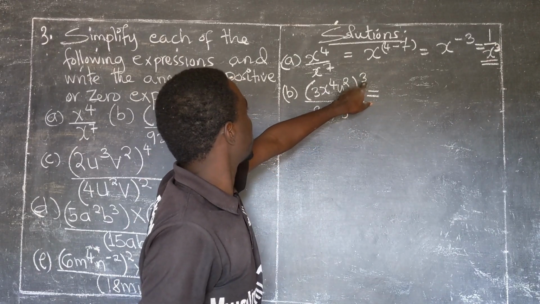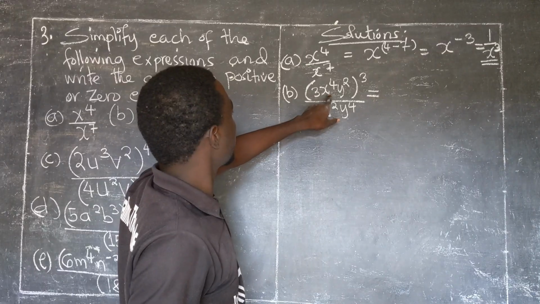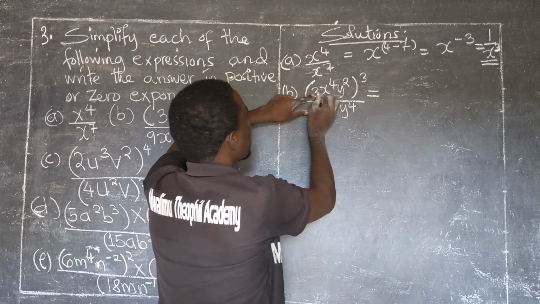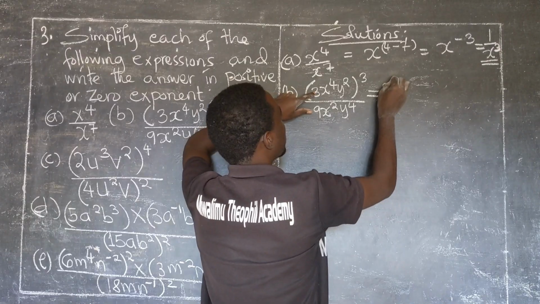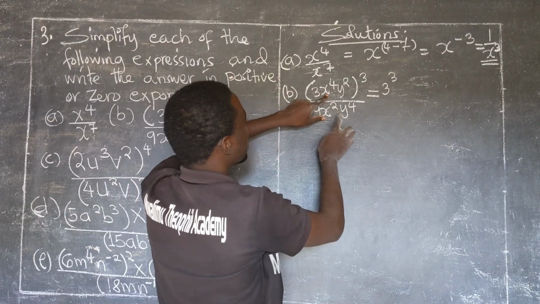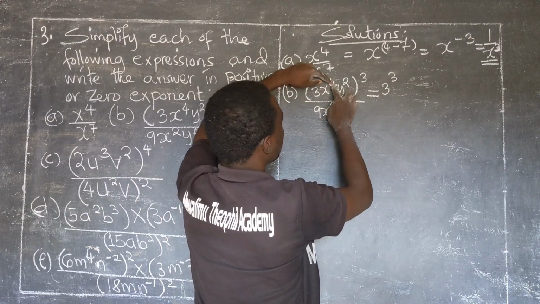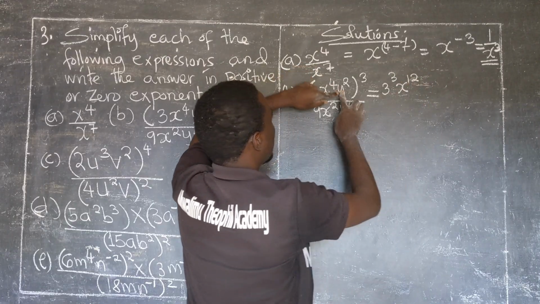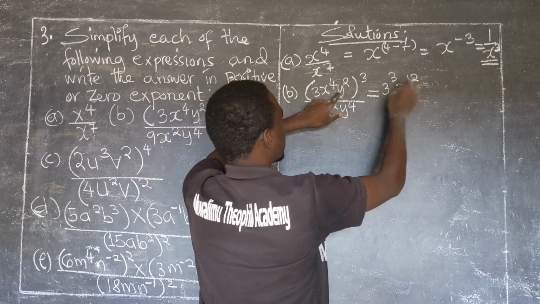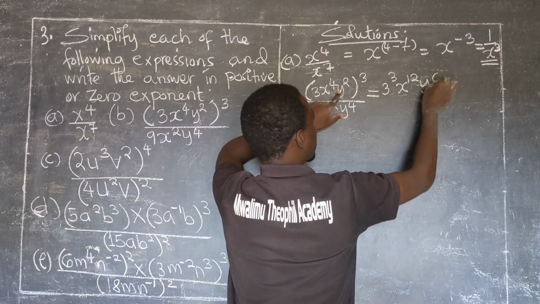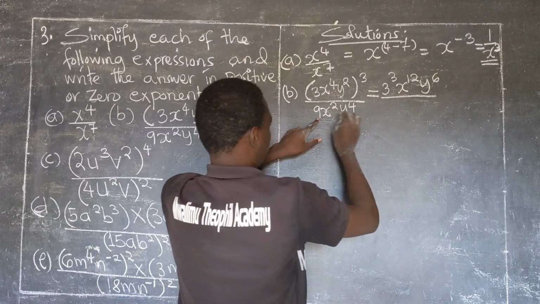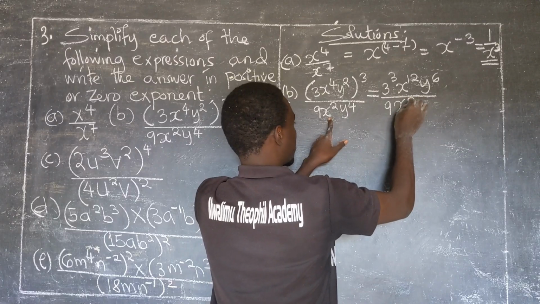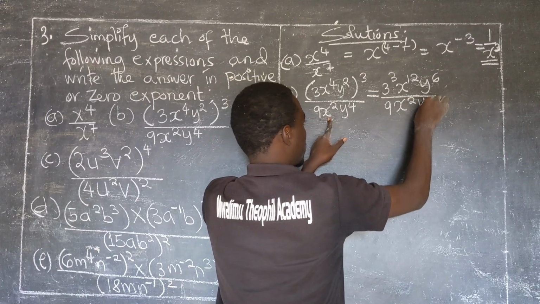So this exponent is multiplied to each of the values inside. Now 3 will be 3 raised to 3. This one, x raised to 4, now this 4 is multiplied by 3, and we are going to have x raised to 12. Y raised to 2, 2 times 3 becomes 6. Now it becomes y raised to 6 over 9 times x raised to 2, y raised to 4.